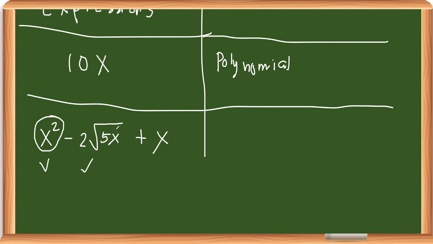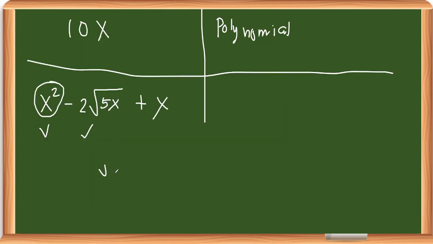But this one, what will its exponent be? Because it is inside the radical sign, right? When we say square root of x, this is the same as x raised to 1/2. Remember the rational exponent, how to express it as a radical expression?